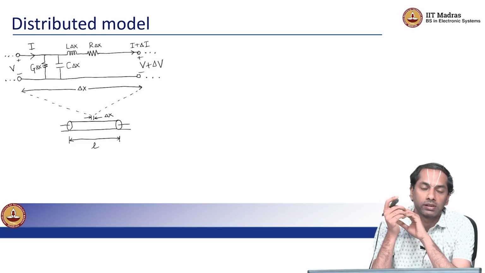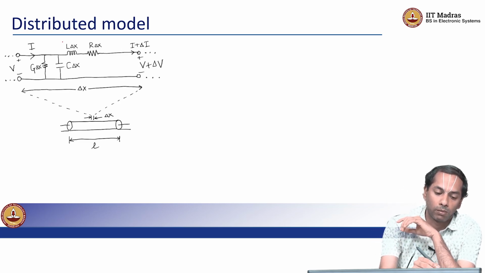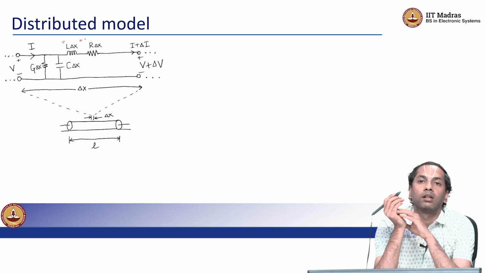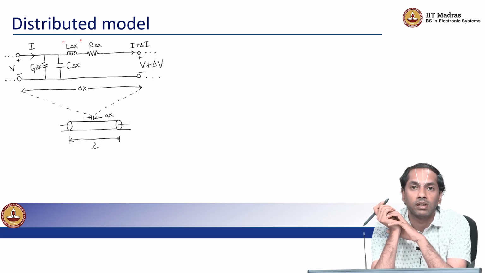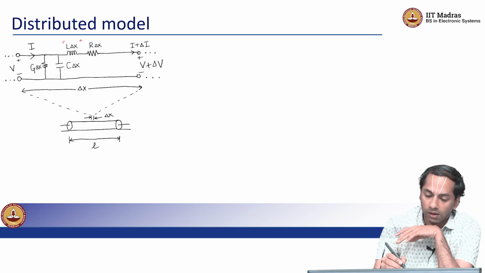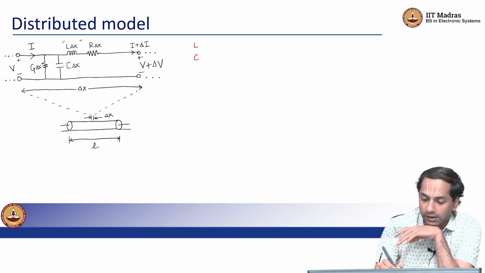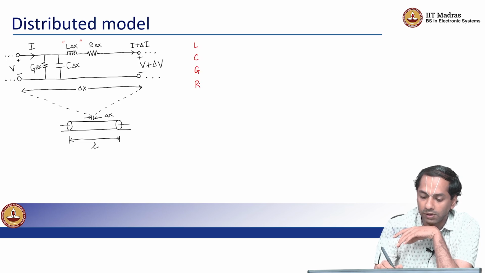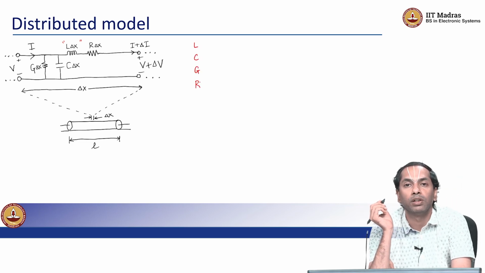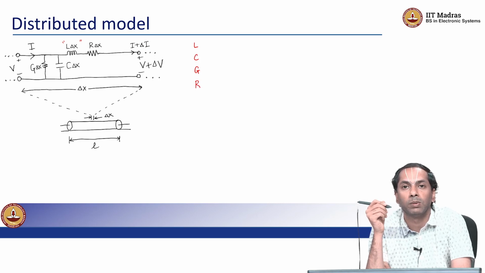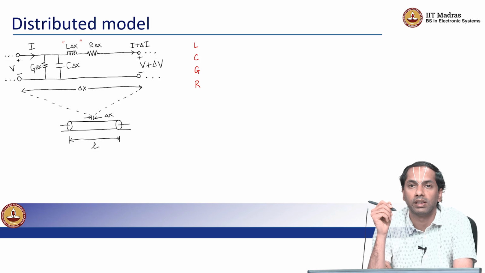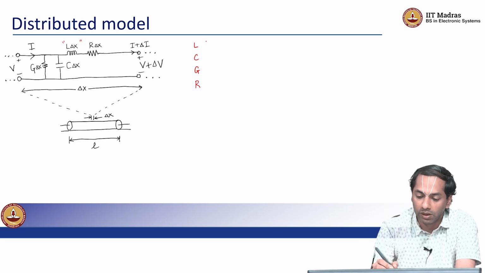But you may notice that the values of these inductors and resistors seem to have been introduced with the delta x, the spatial dimension. So the L, C, G and R that you see no longer have the units of Henrys, Farads, Siemens or ohms, but rather are distributed quantities.